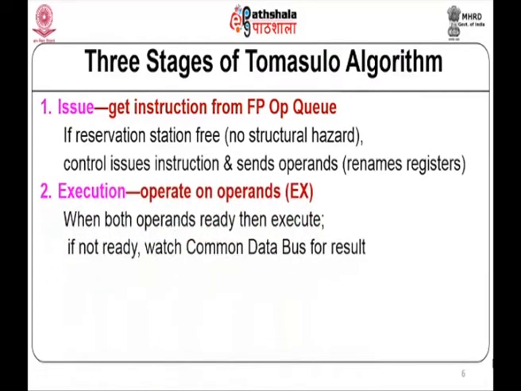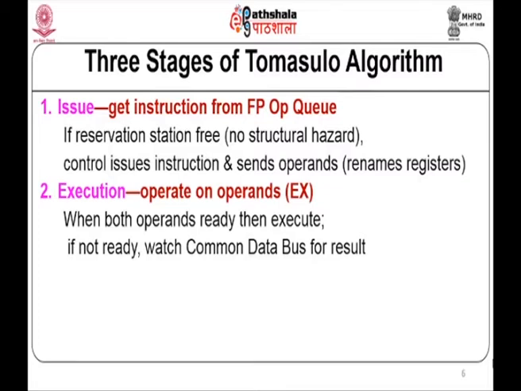The next stage is the execution stage. The execution stage is when the operands have already become available for the instruction. So, when both operands for the instruction become available, the instruction automatically enters the execution stage in the next clock cycle. If it is a floating point multiply instruction, once the reservation station gets filled up with both the operands for multiplication, it is automatically passed on to the multiplier unit.